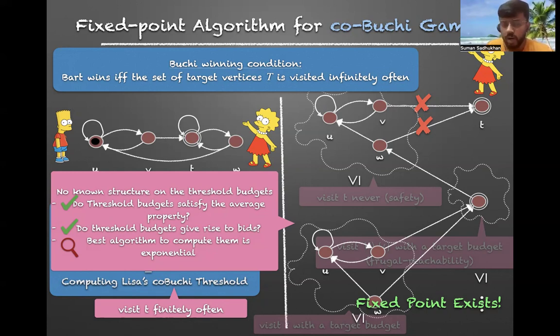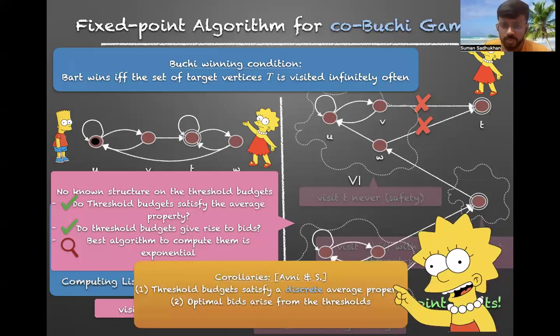And we also get the optimal bids for the Buki or Kabuki game from the small games. But the size of these games is exponential in K, because K, the total budget, is encoded in binary, and it can be exponential in the encoding of K. So we can call it pseudo polynomial. We are still looking for some better algorithm for these Buki games.